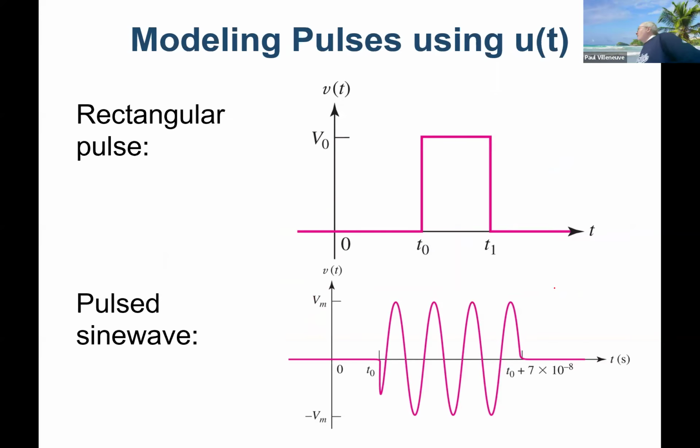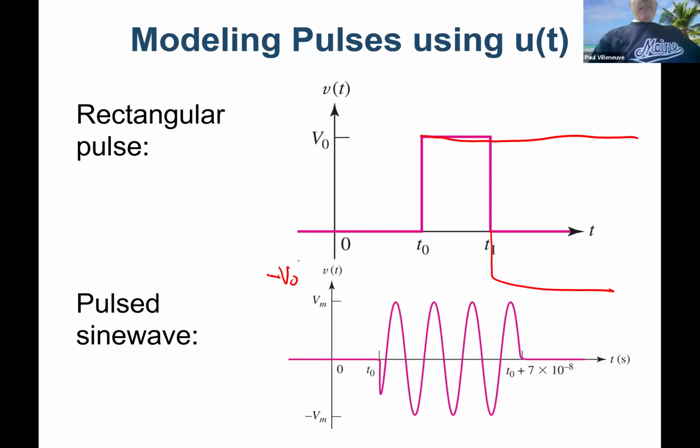So you can see that I have a rectangular pulse, and that just means it's 2 unit steps, right? I have 1 unit step that kicks on over here, and another unit step that kicks on at T1, but it is minus V naught, right?